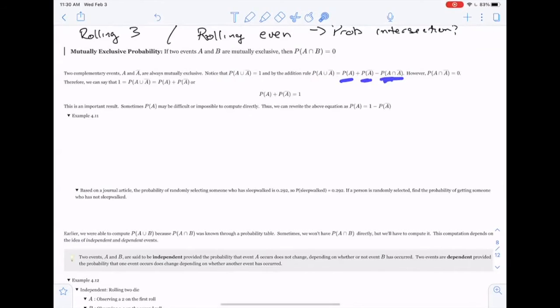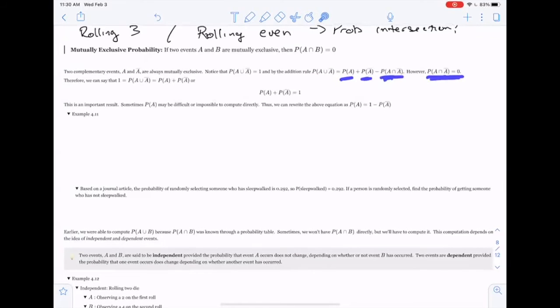Well, A and A complement are mutually exclusive events, so the probability of the intersection is 0, which means this term goes away. And if this is equal to 1 and that term goes away, what we end up getting is the probability of A plus the probability of its complement has to equal 1.